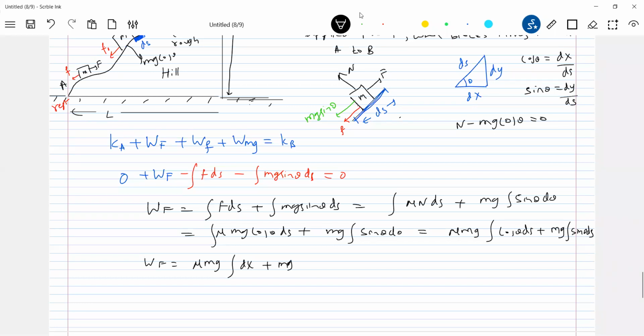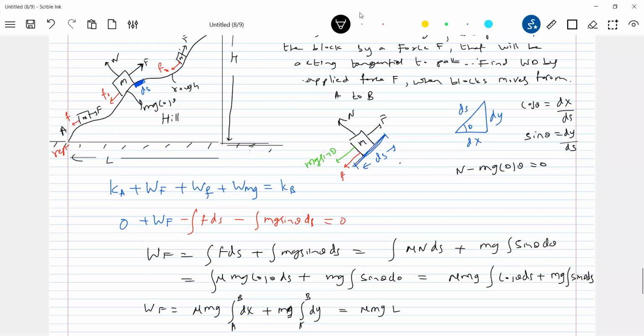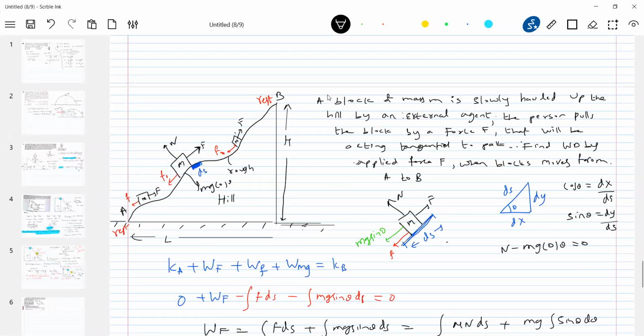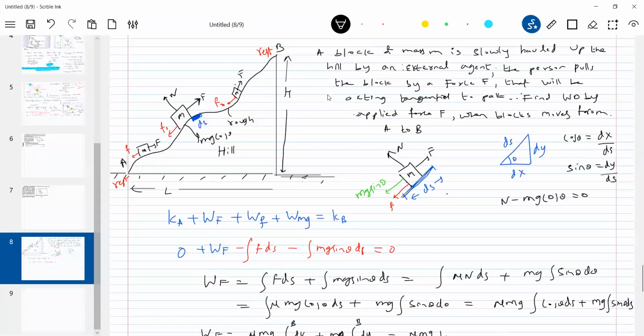In place of sin theta ds, I'll write dy. So finally, when it moves from A to B, what is the net displacement? It is L. Finally, when the block moves from A to B, what is the displacement it will undergo? Equal to L, no?